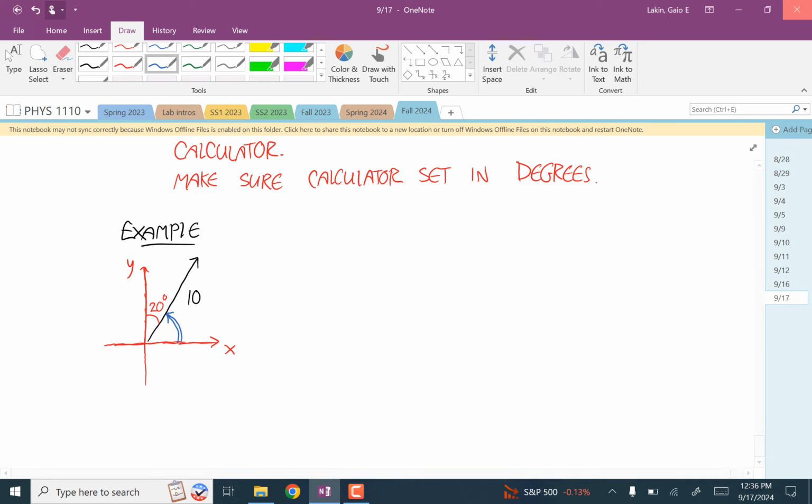One way you can think of it is clockwise always means negative, counterclockwise always means positive. So you start at the x-axis, you go positive 90 degrees, and then you backtrack negative 20 degrees, which means that this angle is 70 degrees. 90 minus 20.